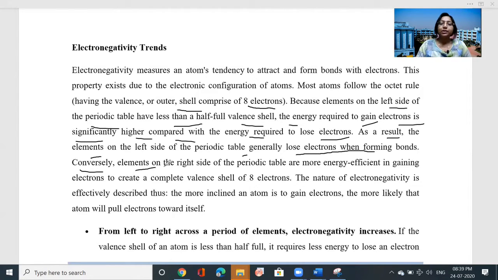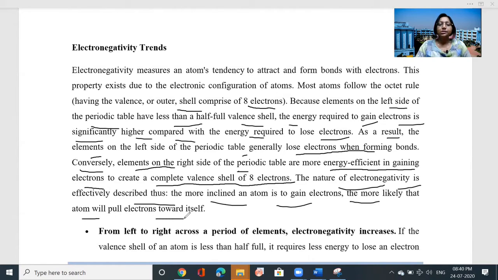Conversely, elements on the right side of the periodic table are more energy efficient in gaining electrons to create a complete valence shell of 8 electrons. The nature of electronegativity is effectively described thus: the more inclined an atom is to gain electrons, the more likely that atom will pull electrons towards itself.